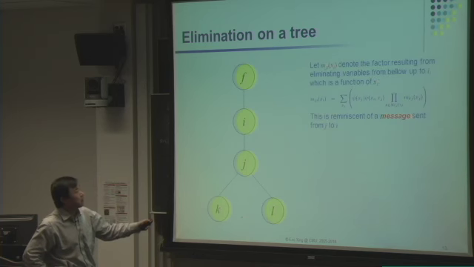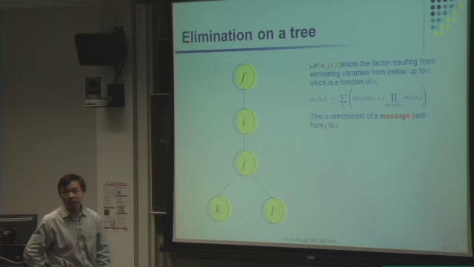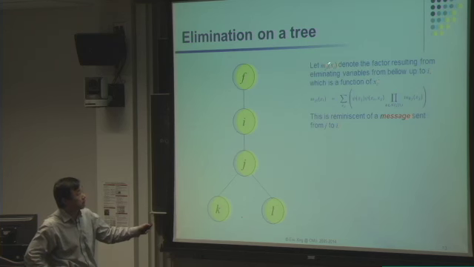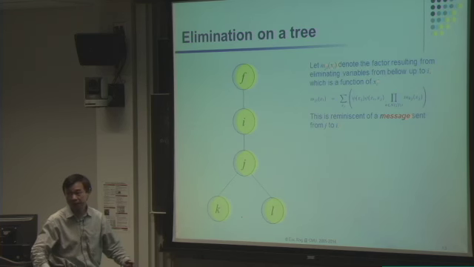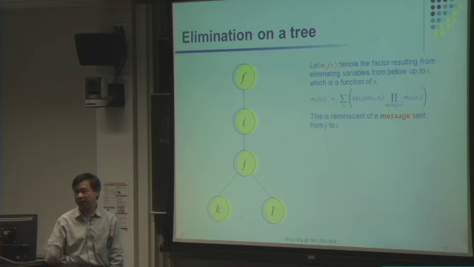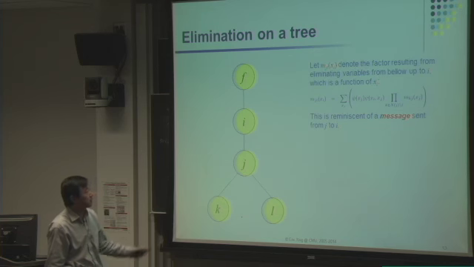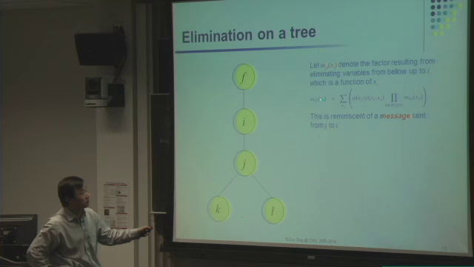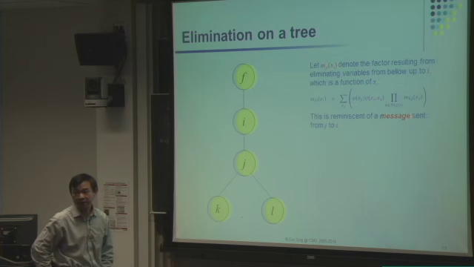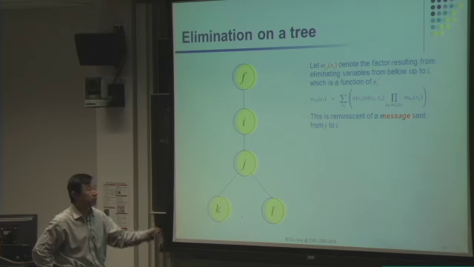All right, and then here I'm going to introduce this definition called the message, which is our old friend of that intermediate factors that we produced by sum product operation. And the way I define that is the following. The message has an argument, which is the resultant variable that it is defined on. It is a function of this variable.